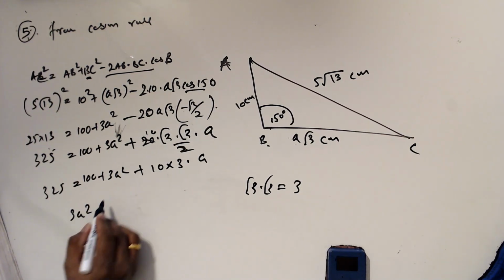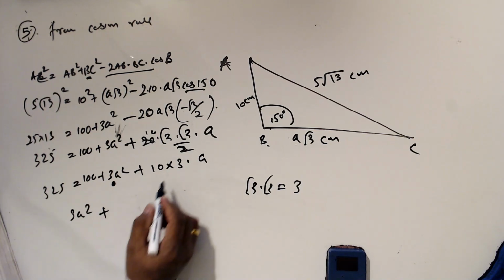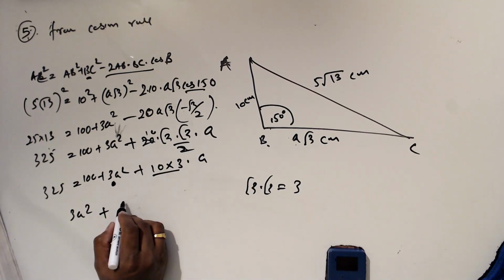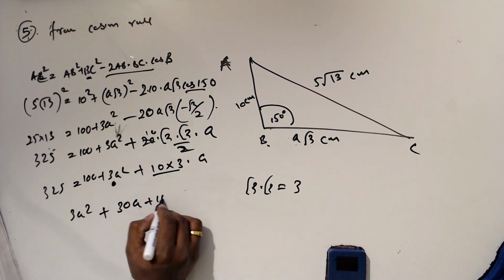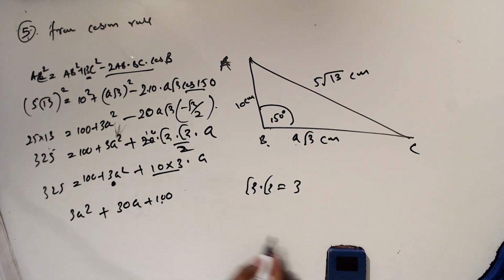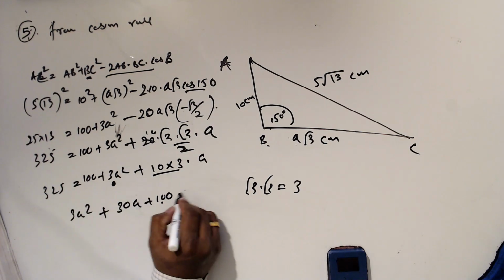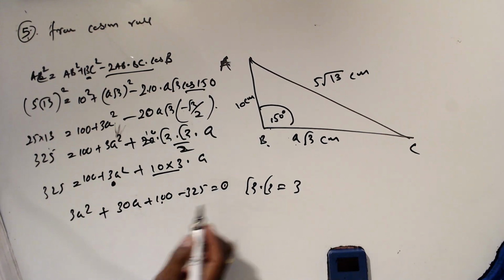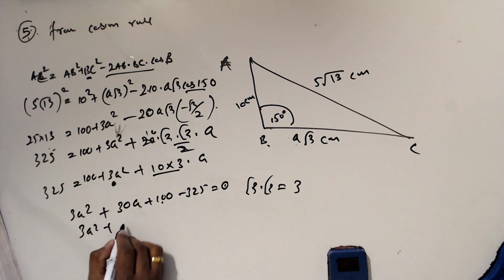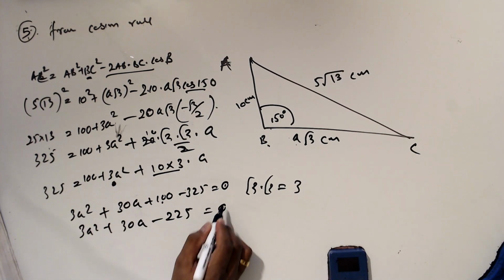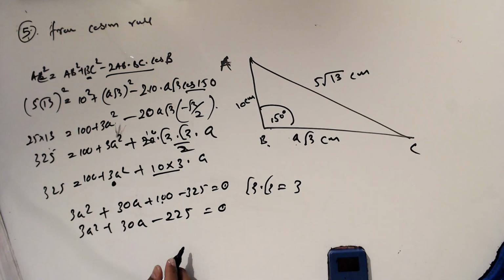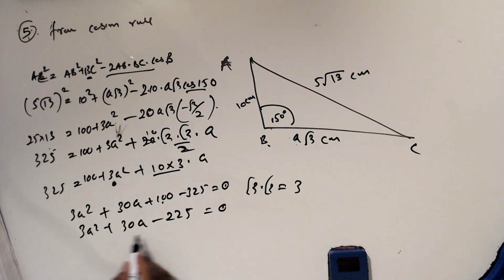So 3A square plus 30A, this is 100, and minus, I'll take to the other side, 325 equal 0. 3A square plus 30A minus 225 equal to 0. I think I can divide by 3. This is A square, 30 divided by 3, 10A.